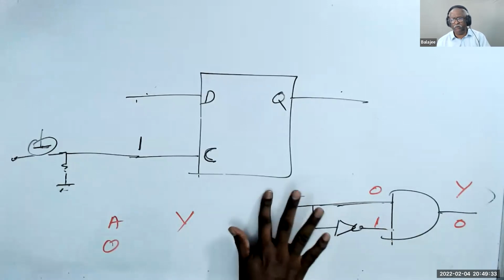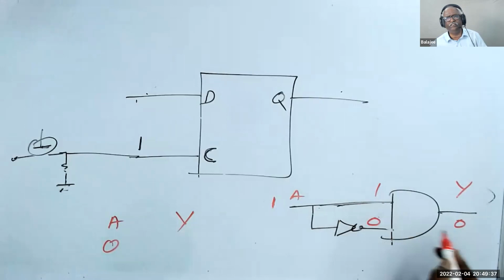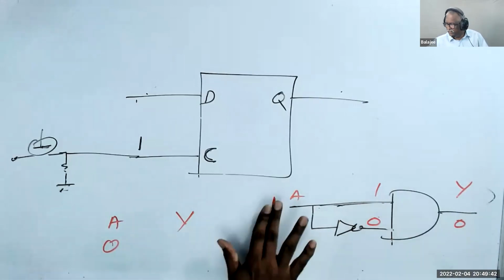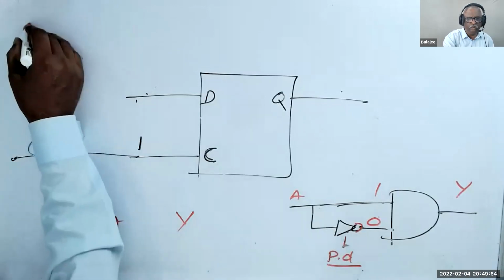When A is 1, what happened? This is 1, this becomes 0. The output is 0 once again. Then why this circuit? There's a trick here. Now we have a gate here. This gate will have some delay. That's called propagation delay.